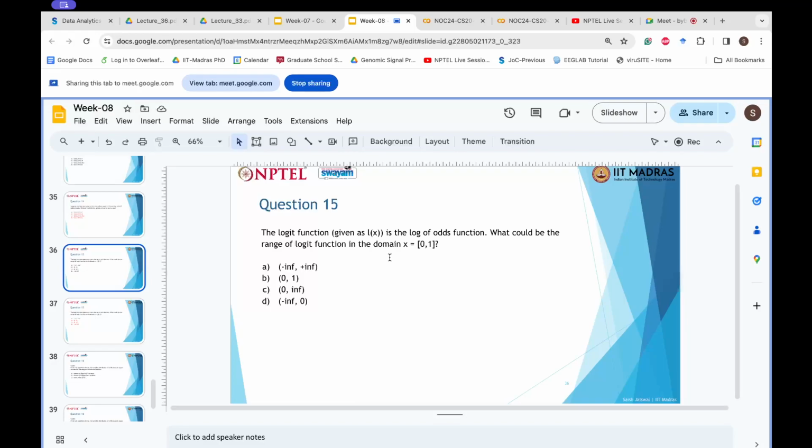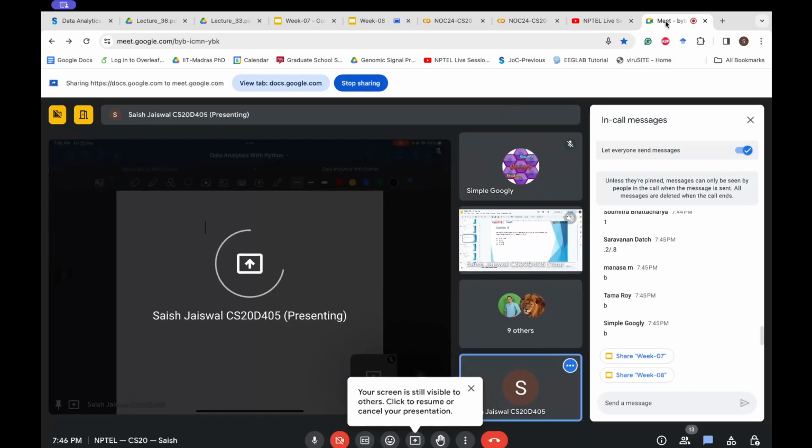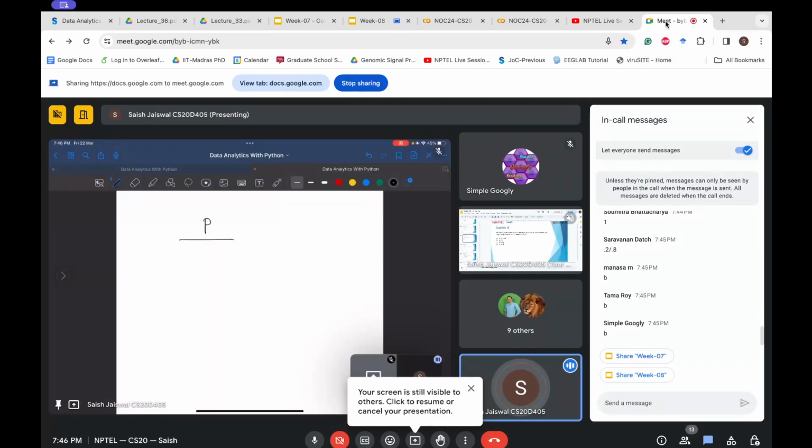This is your odds, and the log of odds will be log of p upon 1 minus p, and this is called the logit function.